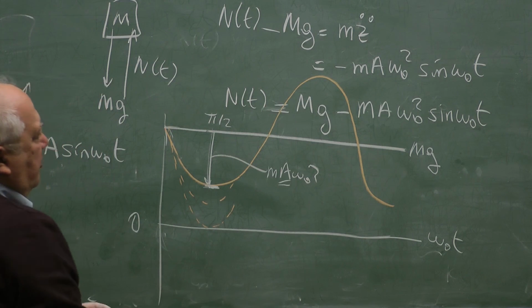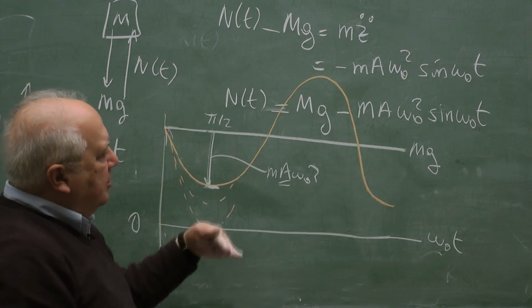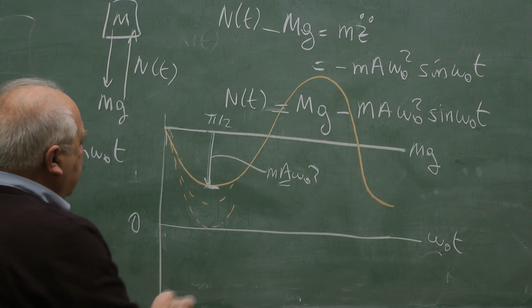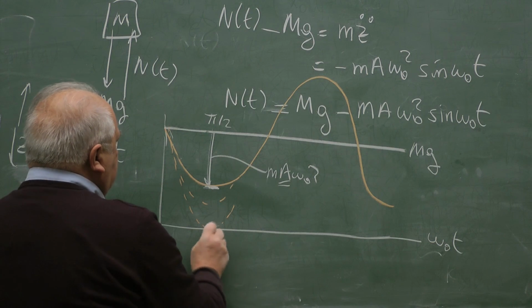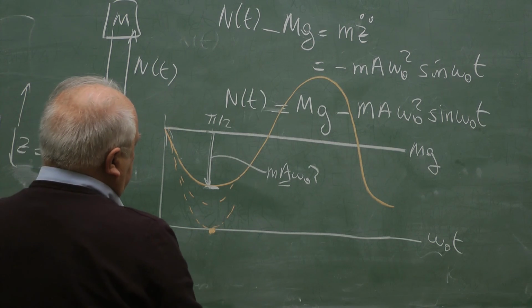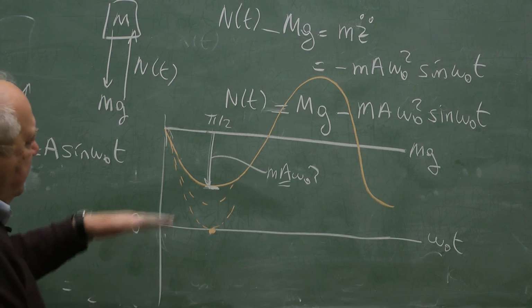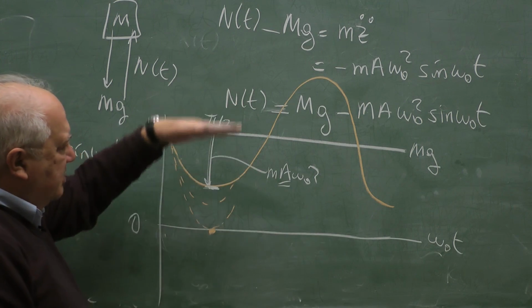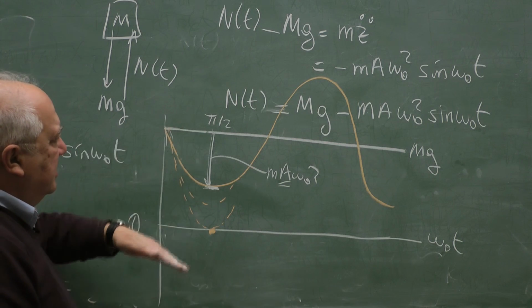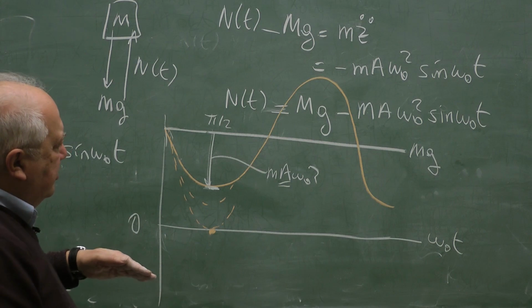So if you start with a low amplitude and you increase it slowly, there will come a time when it will hit 0.